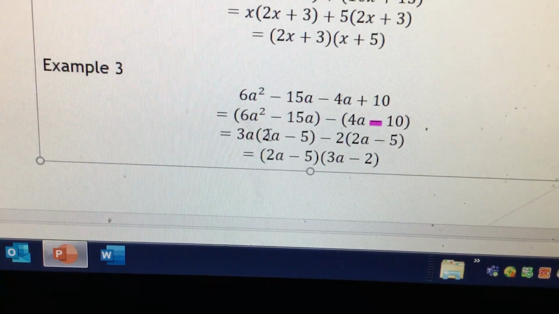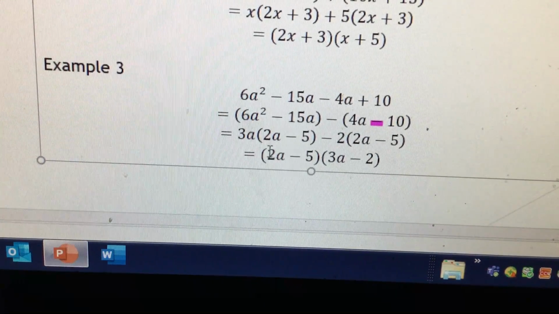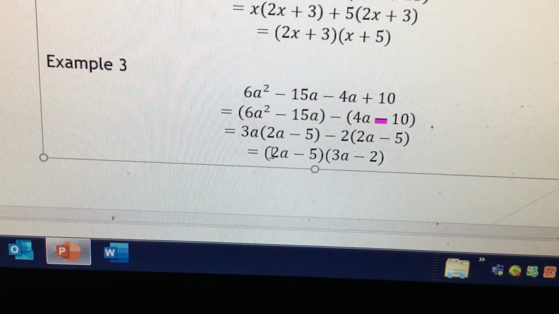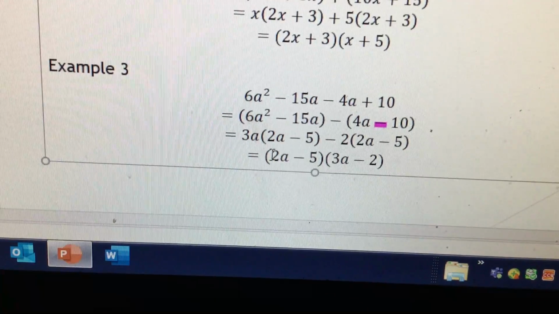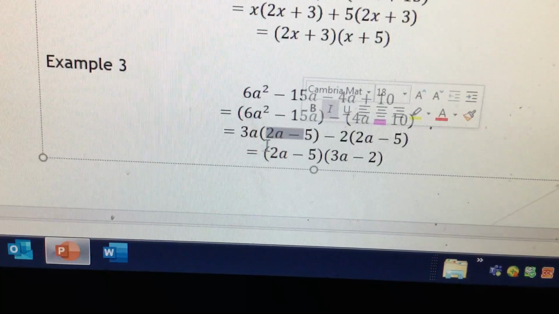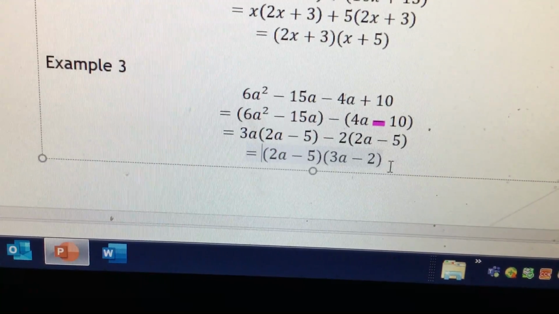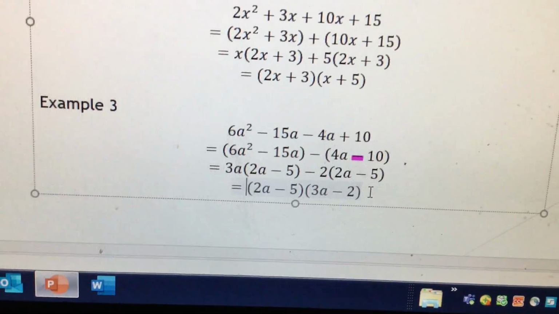So as we can see again, the two brackets are the same, so again we are going in the right direction. So write one of the brackets once, and the leftovers, that is the 3a and the − 2, go in the next bracket.